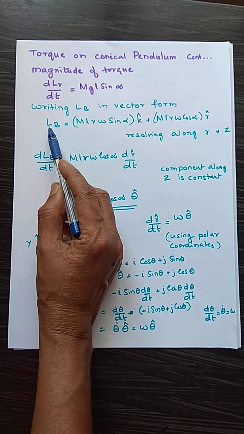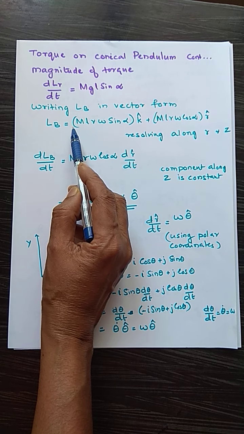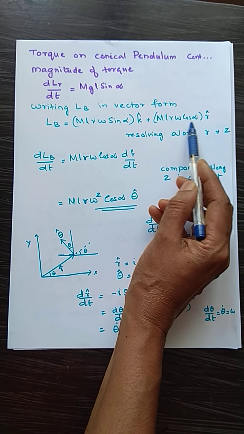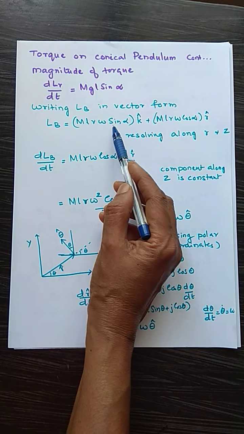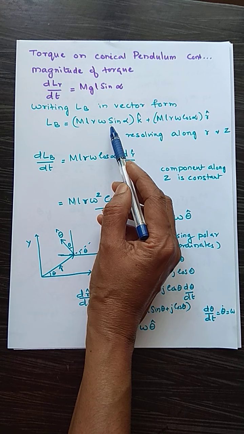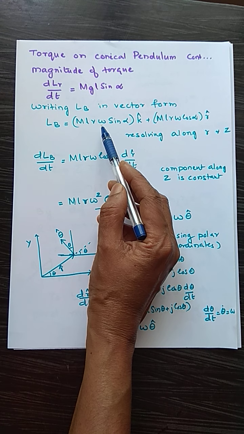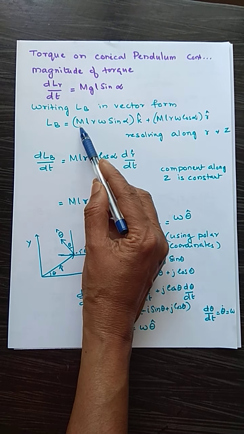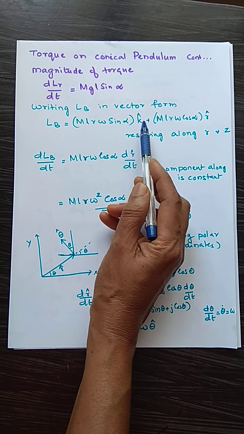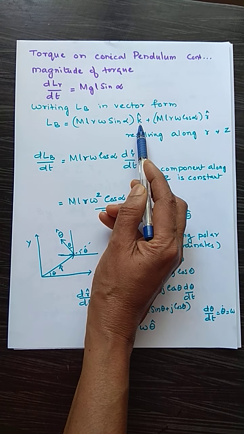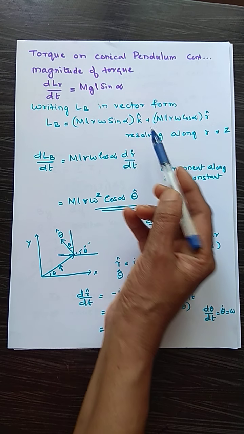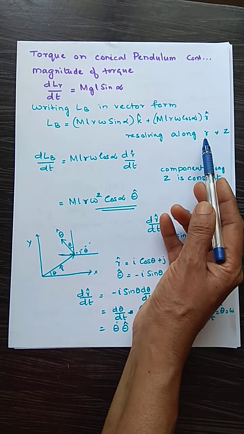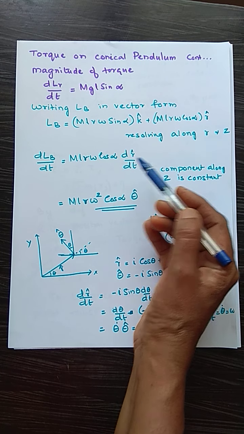So L is equal to m l omega cos alpha corresponding to the L_r component, and m l r omega sin alpha into unit vector k corresponding to the L_z component. These are given in the previous figure. You can refer to your previous video. This is along the z direction. So these are the two components of angular momentum resolved along r and z.